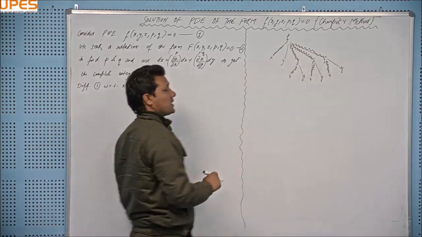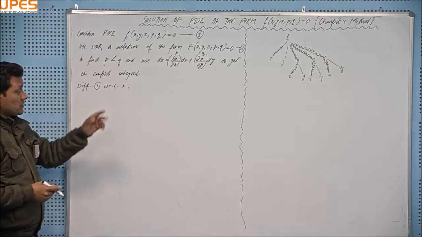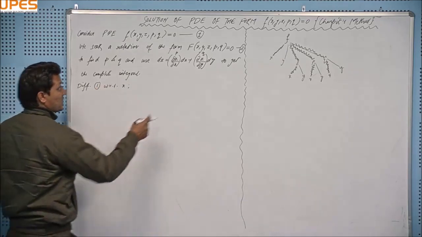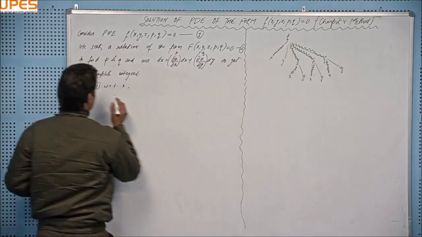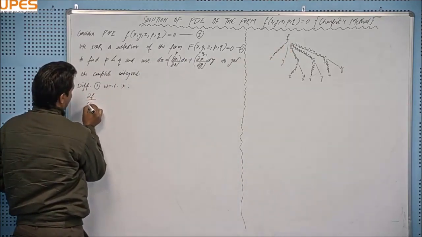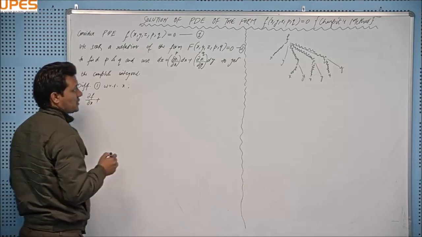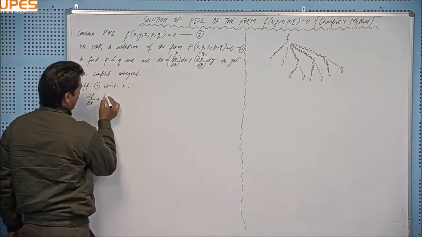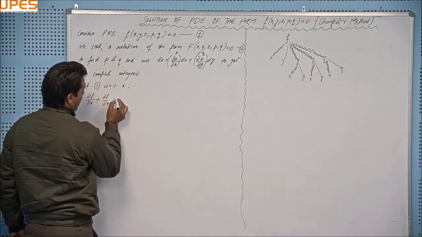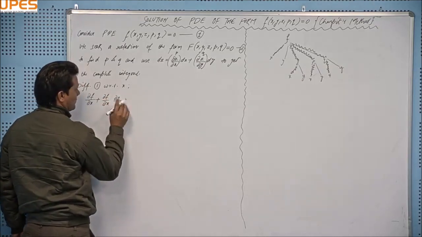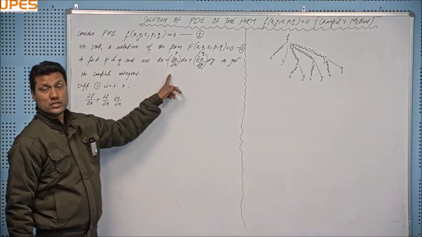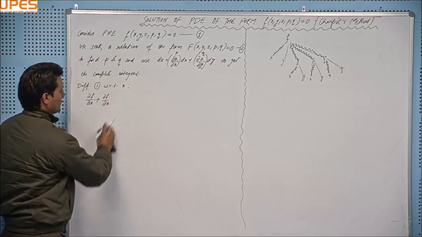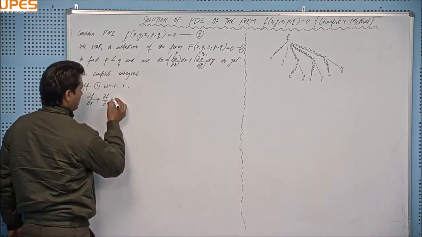I have four paths, and I will write this derivative using that tree. The first path gives del f over del x, then plus the second path, del f by del z times del z by del x, but this del z by del x is actually denoted by p, so I'm writing it as small p.